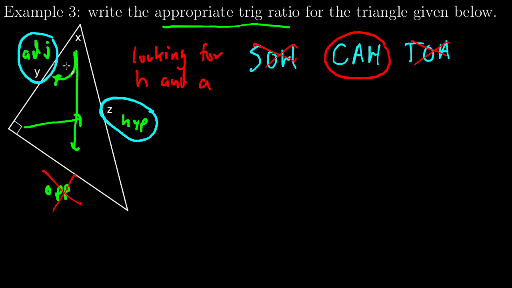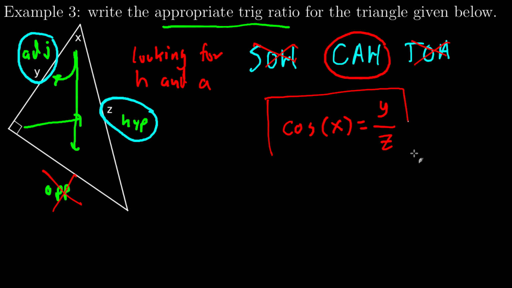So I look at the sides that are marked or that I have information about or that I'm looking for, and those are the sides I look for in my ratio, which would lead me to C for cosine. Cosine of the angle here, X, is equal to adjacent, the adjacent is Y, over the hypotenuse, which is Z.